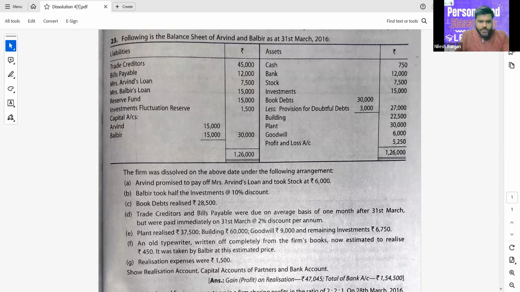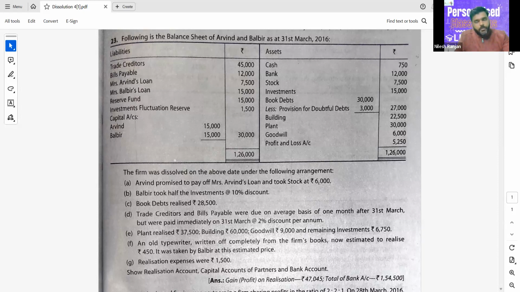Sir, how do we calculate the amount for trade creditors and bills payable realized? First, we have to pay both of these together, so first total it. The total of both is 57,000.